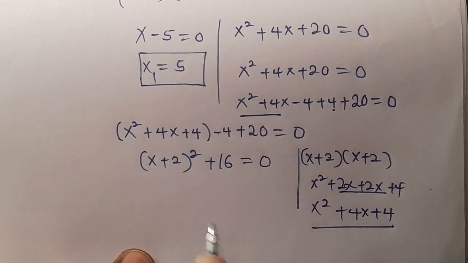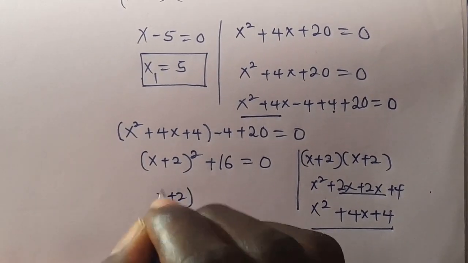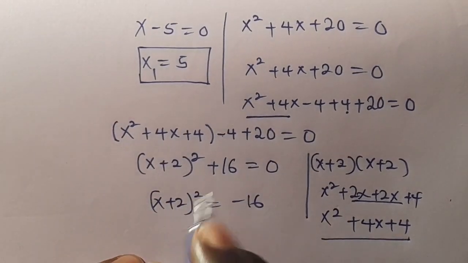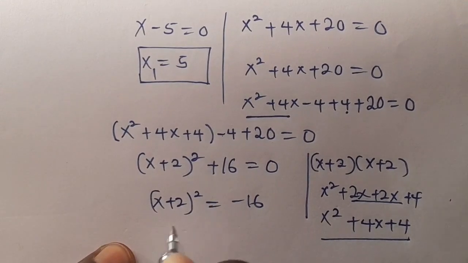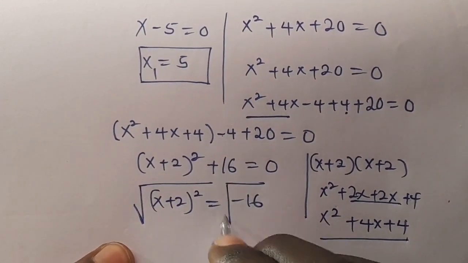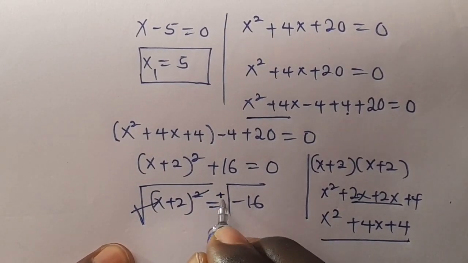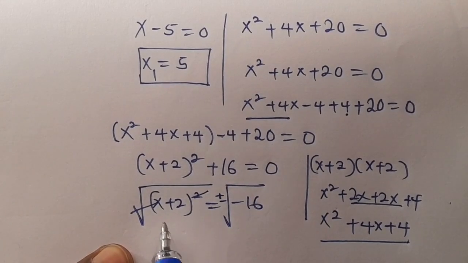Now guys, we have x plus 2 all squared equals minus 16, and so therefore from here, by taking the square root of both sides, this will take away this square, then we need to introduce positive or negative because of x squared.